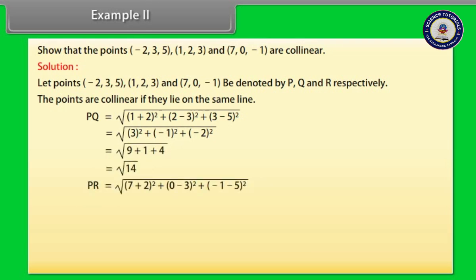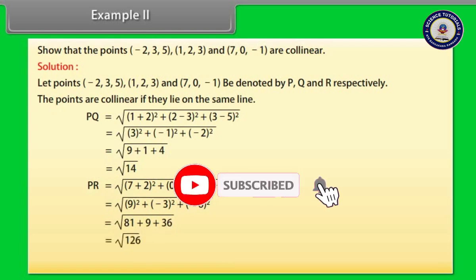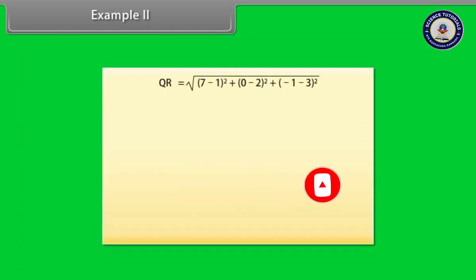PR is equal to the square root of (7 plus 2) squared plus (0 minus 3) squared plus (-1 minus 5) squared. After calculating PR, we get 3 into square root of 14. QR is equal to the square root of (7 minus 1) squared plus (0 minus 2) squared plus (-1 minus 3) squared.